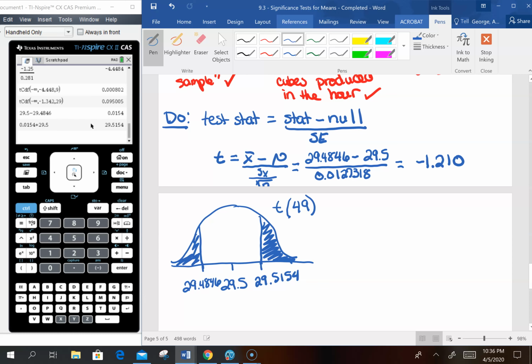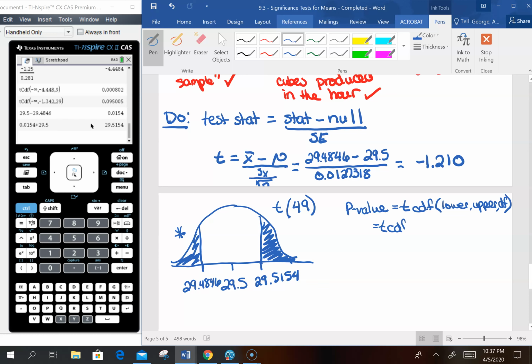What we're going to do for our p-value is we're going to find this side, and then since both of those should be the same thing, we're going to multiply our p-value by 2. And that's going to give us our actual p-value for this test. So p-value equals our t-CDF, which is lower, upper, degrees of freedom.